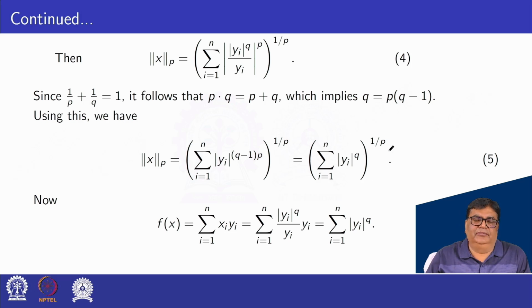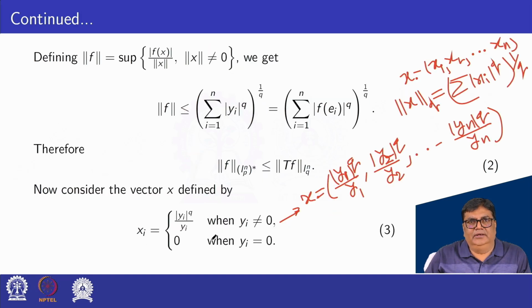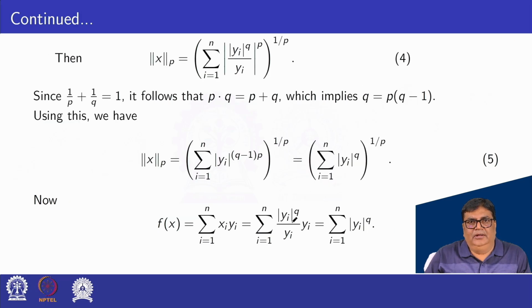Now f(x) is equal to summation i = 1 to n of xi yi. Okay, f(x) can be expressed as this. Here xi is this one. So putting the value of xi here, we get summation i = 1 to n of (|yi|^q upon yi) into yi.